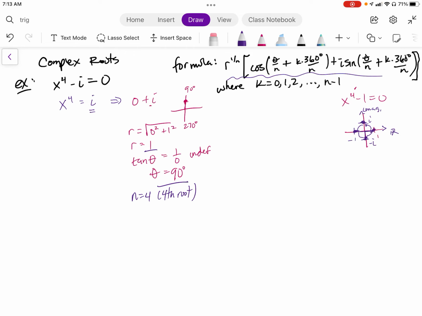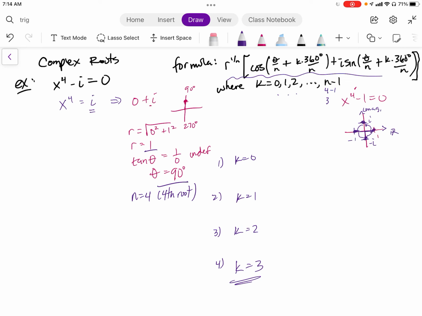The last piece, remember, fourth root means 4 solutions, so you could just think of it like let k equal 0, k equal 1, k equal 2, keep going until you have 4. So there's our 4 equations we'll end up doing. But it does make sense as well because n is 4 and 4 minus 1 is 3. So that tells me k should go 0, 1, 2, all the way up to 3, which we have. Great.